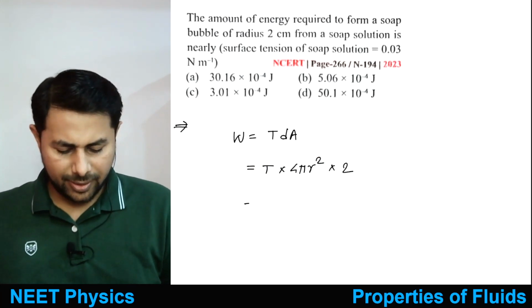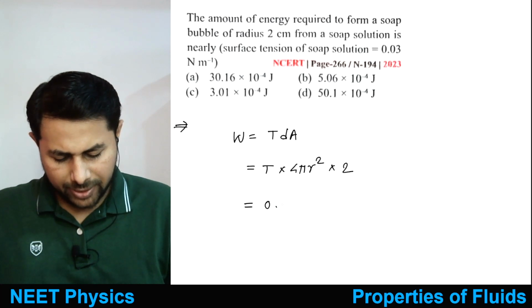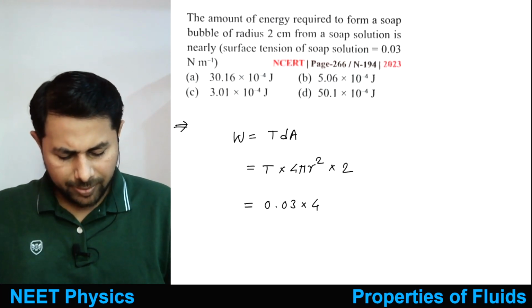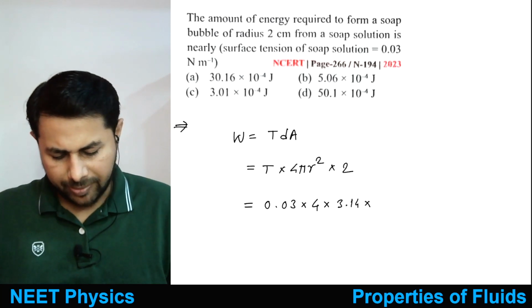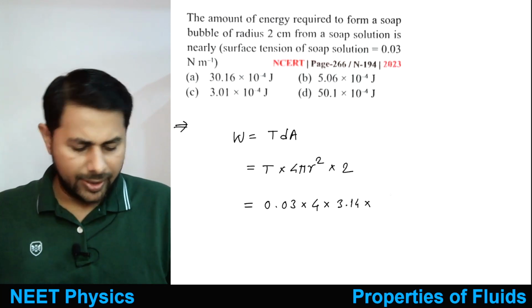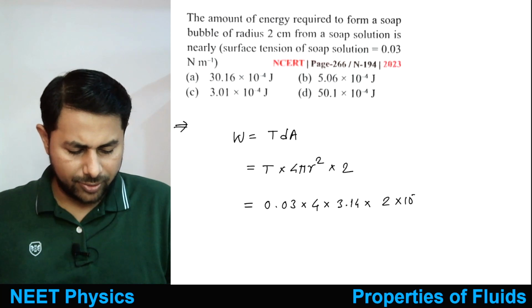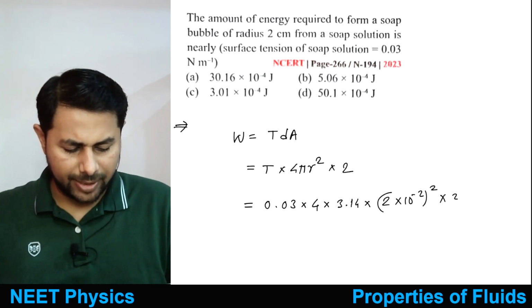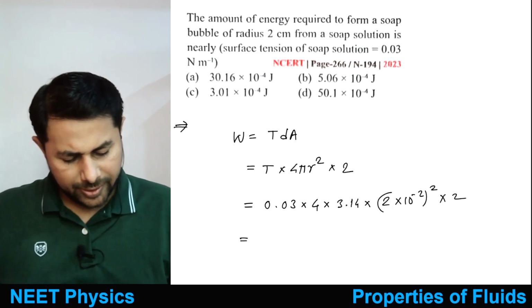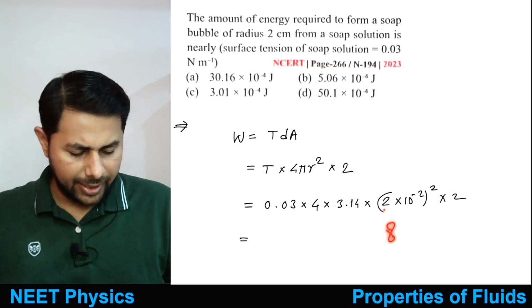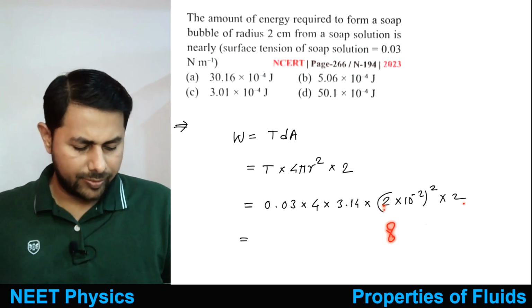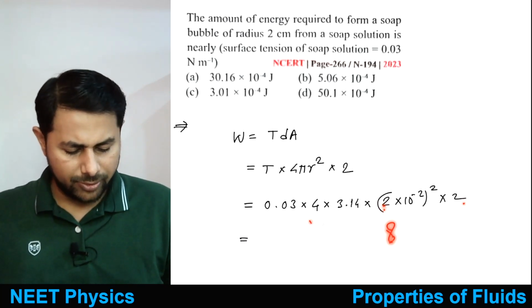Let us check. You have 0.03 multiplied by 4, pi is 3.14, multiplied by r square, which is 2 centimeter square, so 2 into 10 raised to minus 2, square of that, multiplied by 2. 2 square times 2 is 8, 8 times 4 is 32.